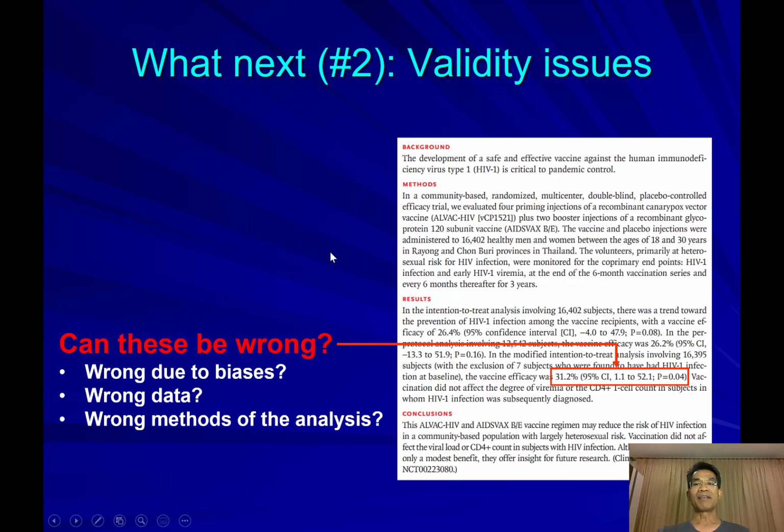So this is another one. And the last one is, it's wrong because of the methods of analysis. So all three issues here, we really need to look for in the details of the full paper.